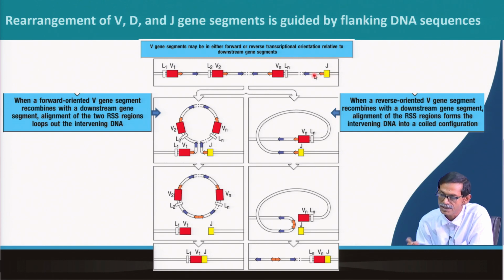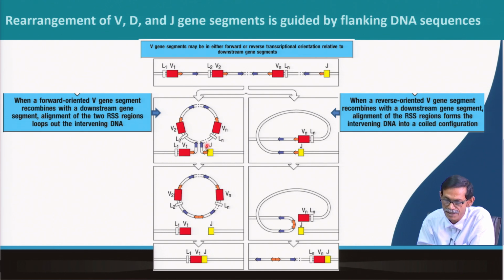Okay. So, it is a reverse sequence. Now, two possibilities. If I consider that this V1 and this J will join by recombination, what is happening? One state is forward, like V1 has this direction of the heptamer sequence and J1 has this direction of the heptamer sequence. You see in this figure, okay, this is all forward.